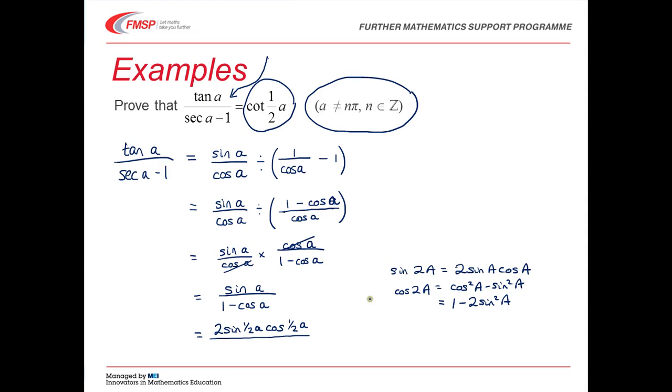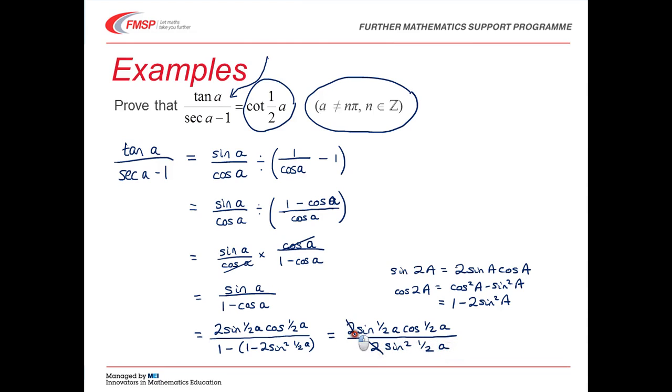So 1 minus cos a is 1 minus 2 sine squared a half a. And that's equal to 2 sine a half a cos a half a, all over 1 minus 1 is nothing, and then take away minus, so 2 sine squared a half a.